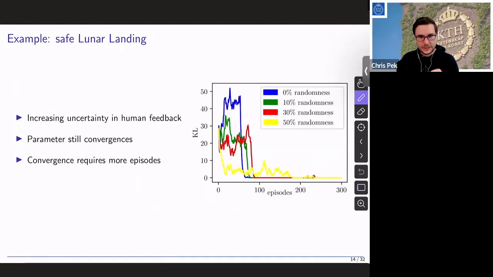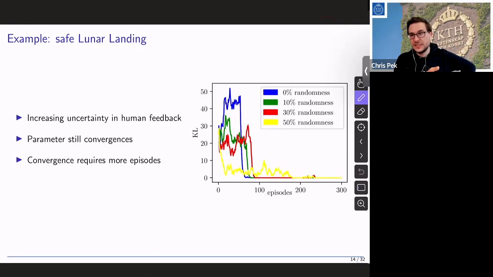You can see on the right side the KL divergence over time. We can still converge even with up to 50% random feedback, because the other 50% are still giving the right answer or good estimates, but we just need much more time to update the distributions.